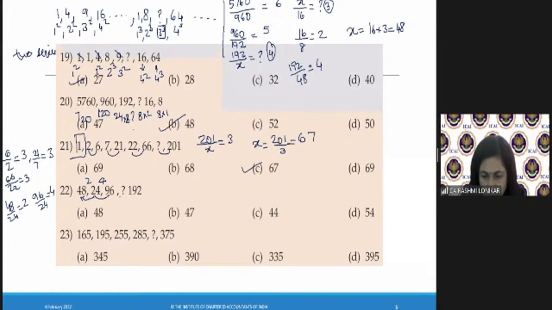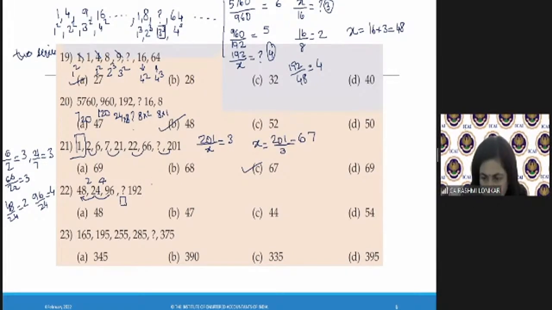So this middle number is such that this number 96 divided by this number should give me 2, and 192 divided by this number should give me 4. Okay, so from here I can see 24 is in the middle. It's a smaller number. 48 on this side is 2 and 96 on this side is 4.